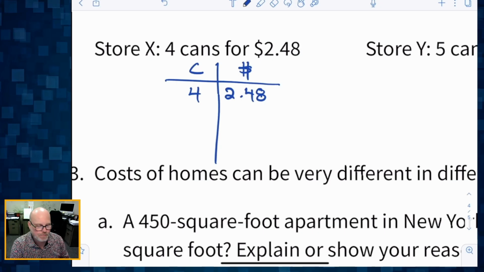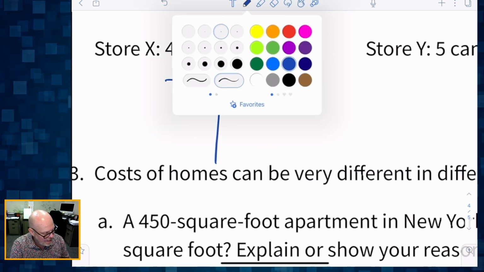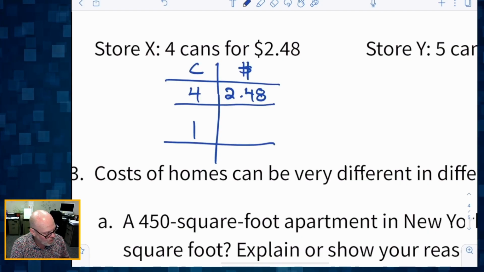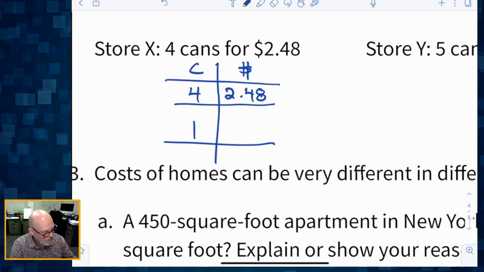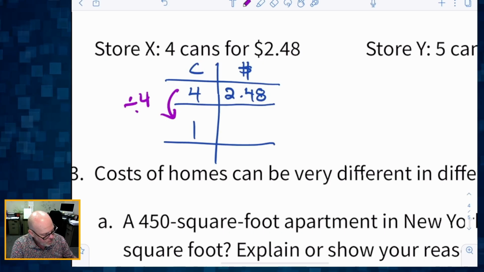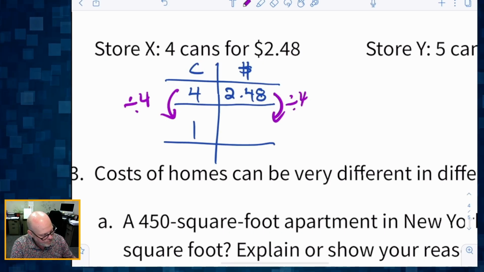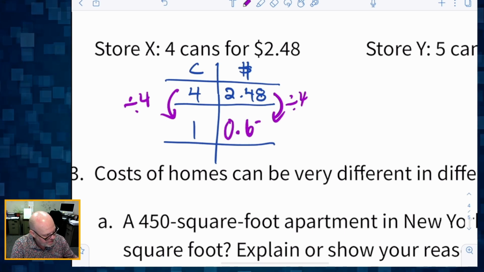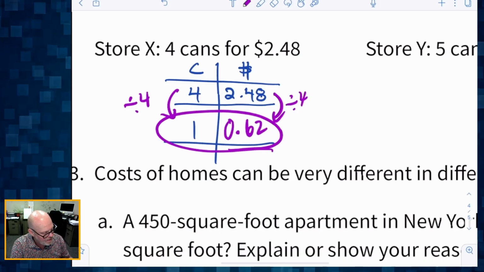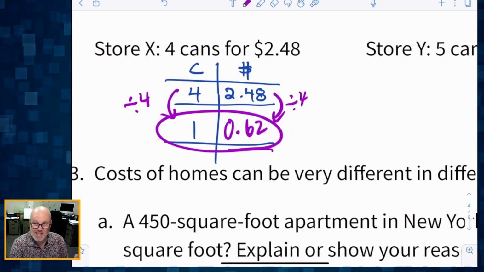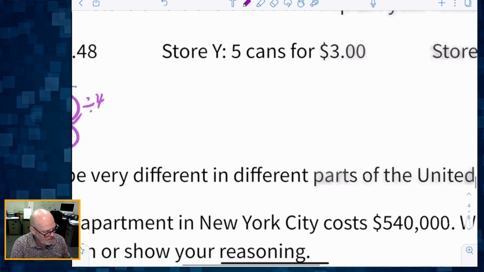I'm going to scale down to 1 can by dividing by 4, and that gives me 0.62. So 1 can costs 62 cents.